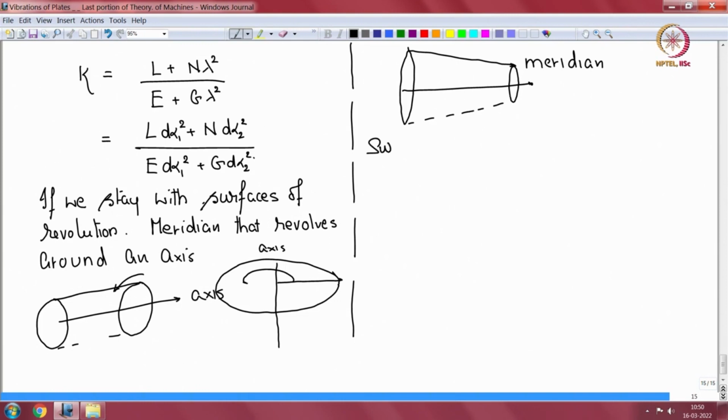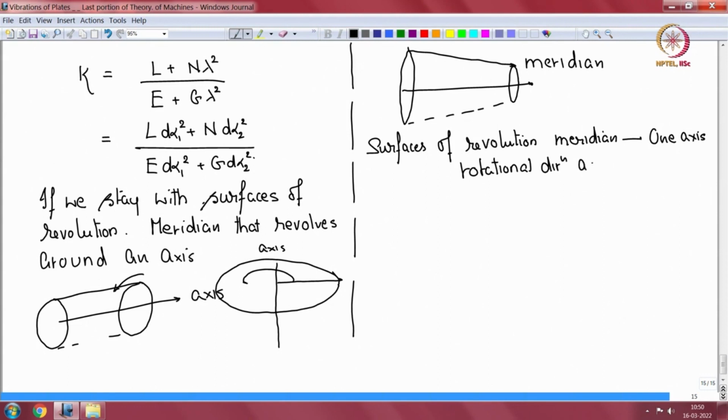For these surfaces of revolution, if we take the meridian as one axis and the rotational direction as a second axis, second curvilinear coordinate, these are the principal lines of curvature.